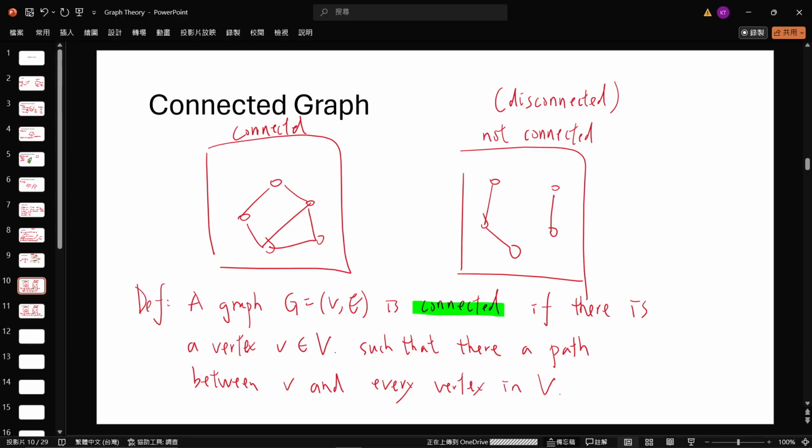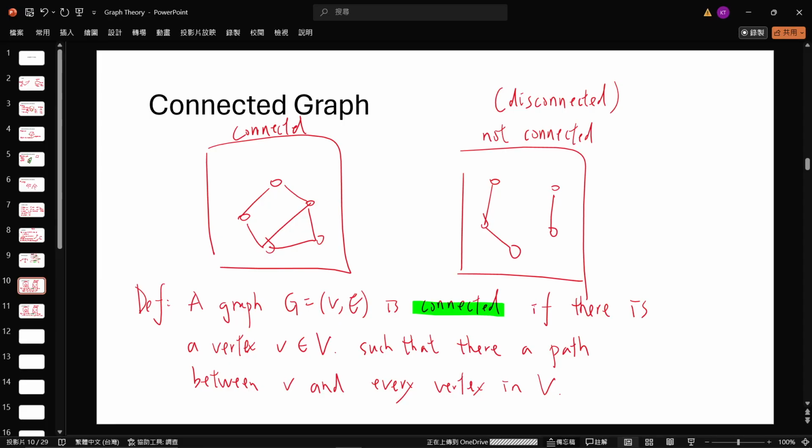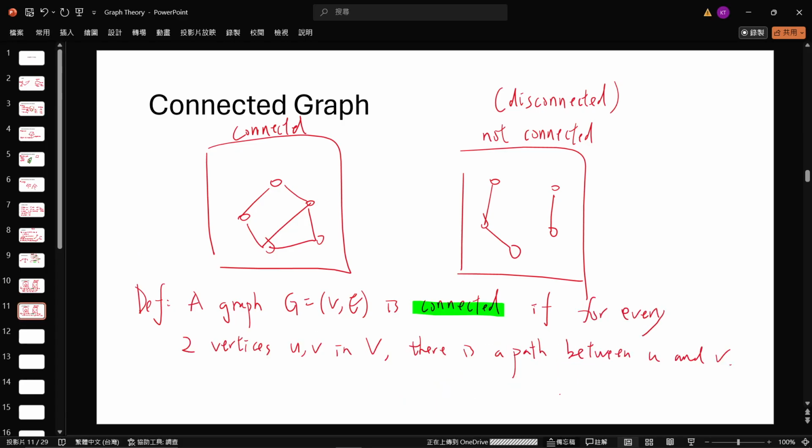And the other way around, say I have a graph that satisfies this definition, will it satisfy this definition, okay? So if I call this definition 1 and this is definition 2, in other words, does definition 1 imply definition 2? And does definition 2 imply definition 1? Okay?